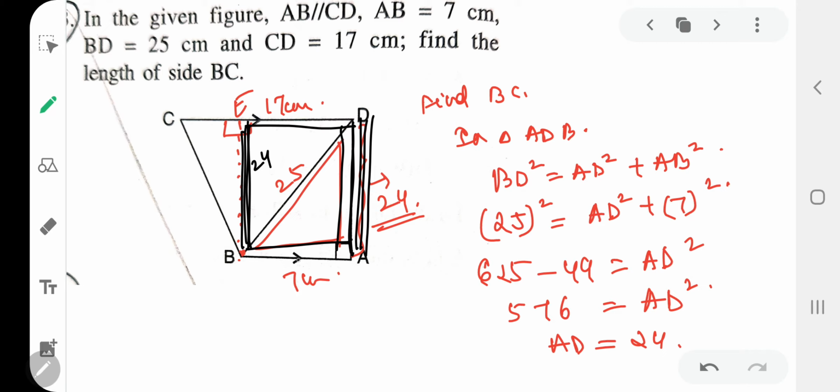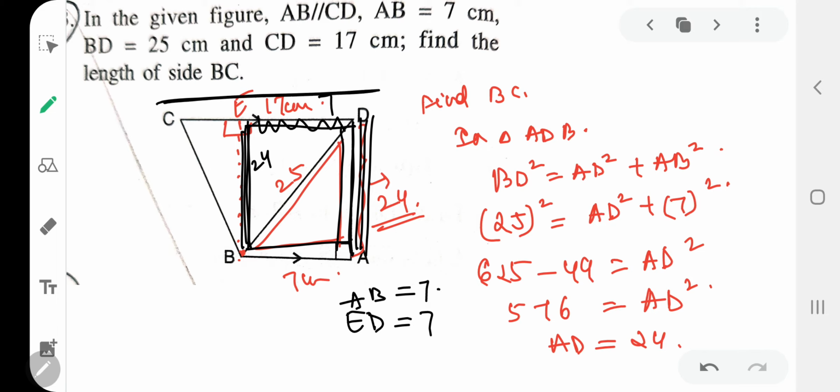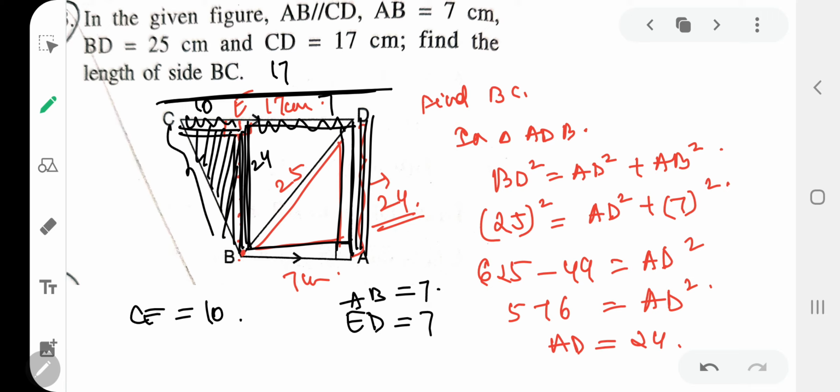If it becomes a rectangle, and AB is 7, can I write ED also 7? But this entire CD is given as 17. So can I say CE becomes 10? So CE will be 10. Once you go into this triangle, your CE is 10 and your BE is 24. In this triangle, you have to take Pythagoras and get the value of BC. Got my point clear?